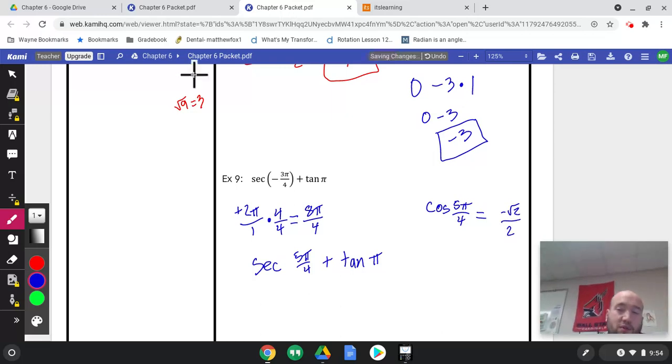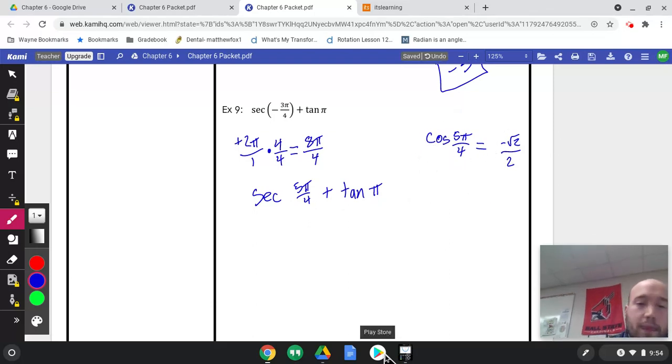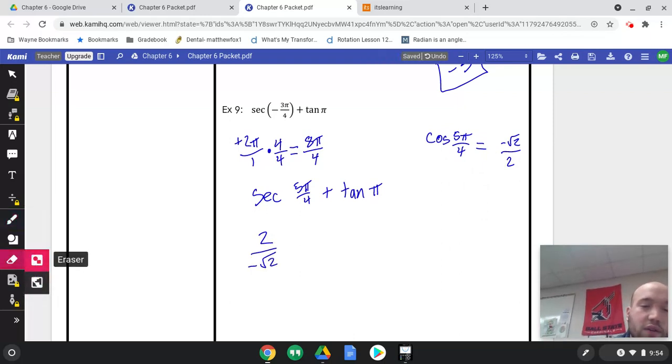So we're going to take the reciprocal of that. So I come over here to the secant of 5 pi over 4. Secant of 5 pi over 4 is the reciprocal of this one, which will be 2 over negative square root of 2. Or if you prefer, I know some people don't like to have that negative on the bottom, so we can think of that as up there.